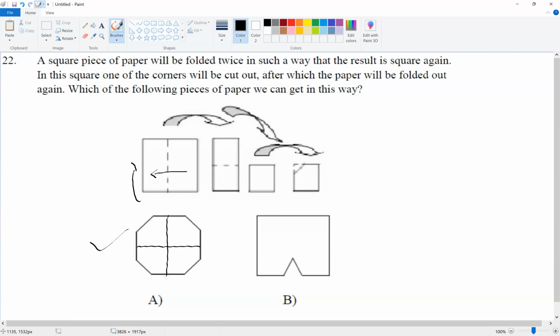So if I fold this way to the left and this way to the top, and then you cut the corner. Do you understand? Yeah, that makes sense. So if you fold left and then fold up, then you cut the corner, it is going to look like this. Okay. And again, it's very easy to test. So you can take a piece of paper and try.